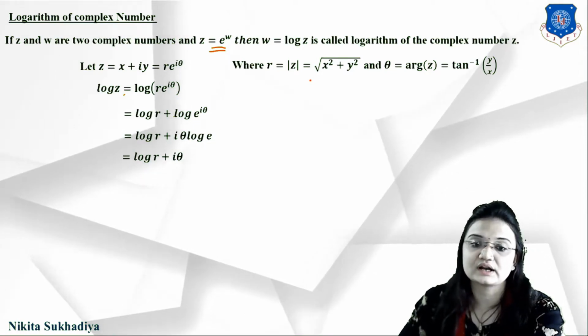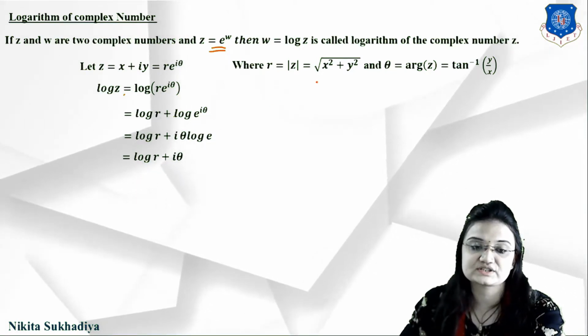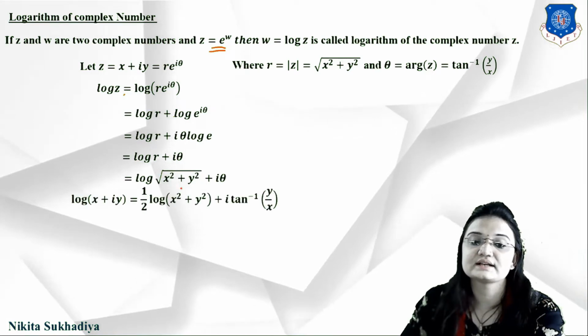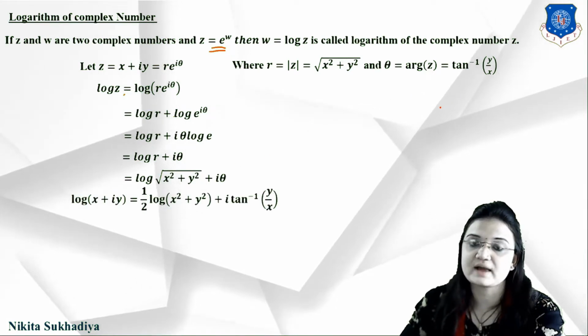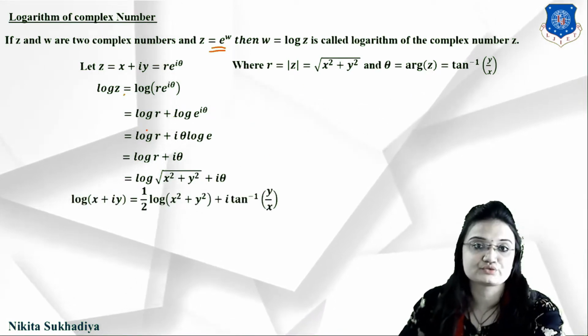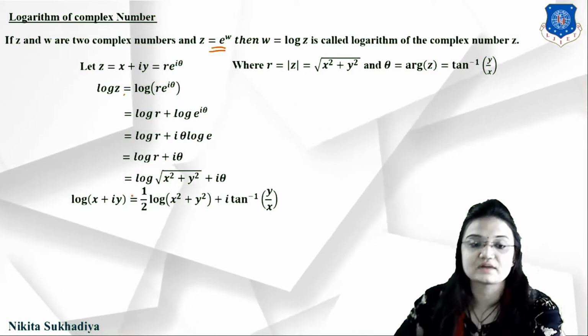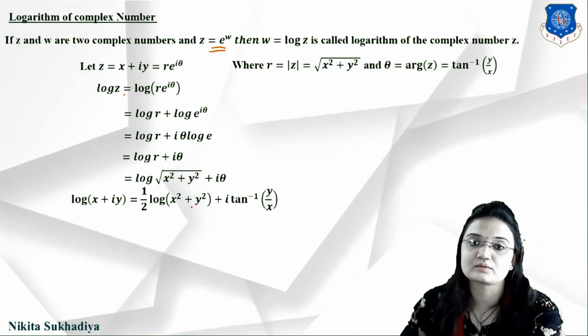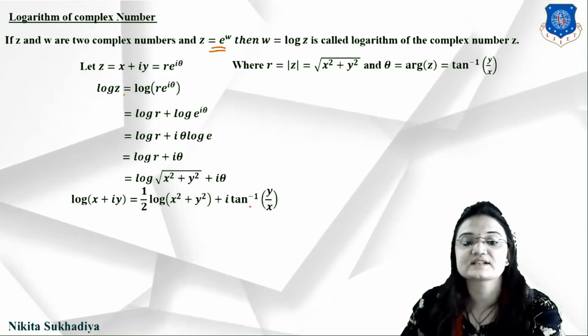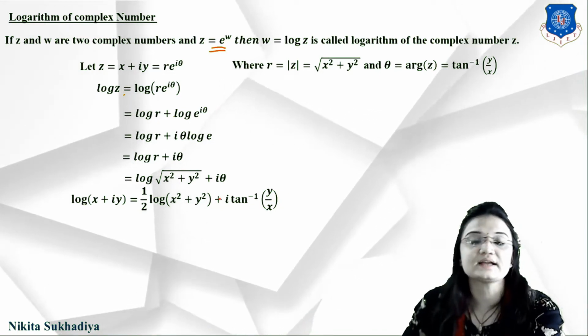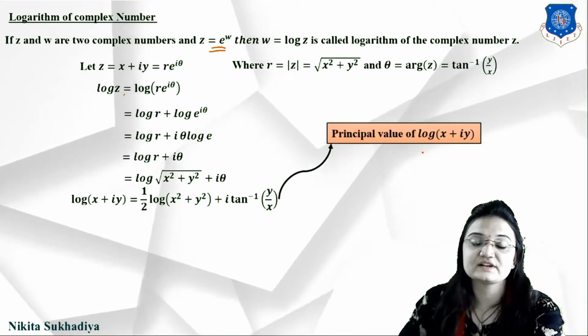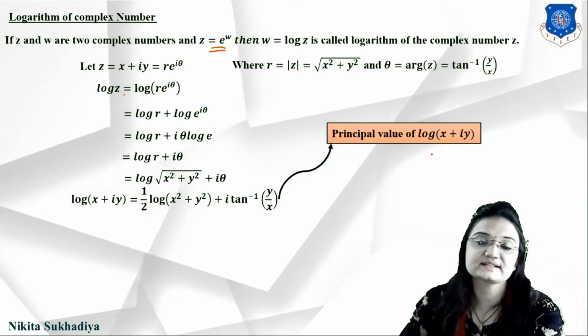Now r is equal to under root of x square plus y square and theta is equal to tan inverse y by x. So our final equation for the logarithm of any complex number is 1 by 2 logarithm of x square plus y square plus i tan inverse y by x. This is the principal value of the logarithm of a complex number.